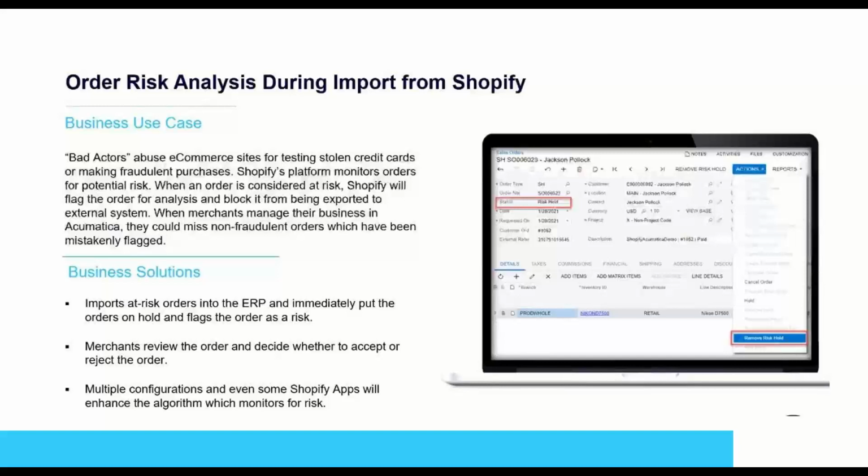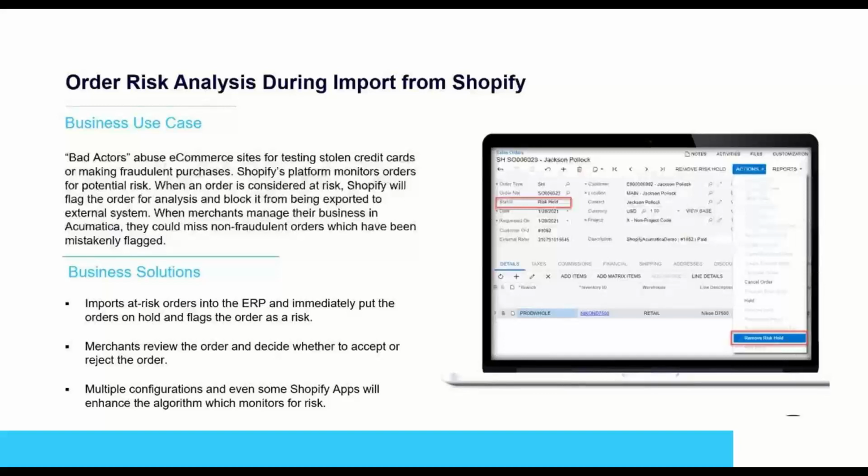They're trying to get it in real quick because it's a stolen credit card or something like that, and they want to get the goods before people have time to figure it out. So Shopify has the built-in risk analysis for you, and they've taken that into consideration in Acumatica.